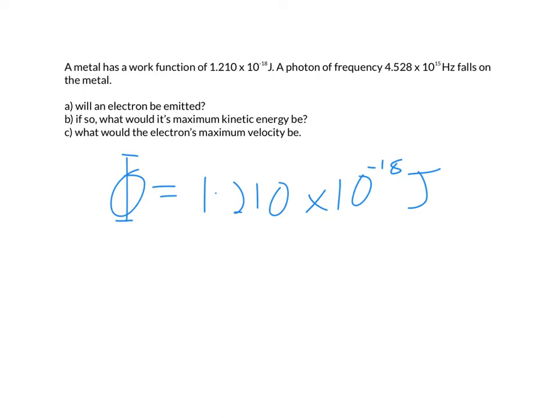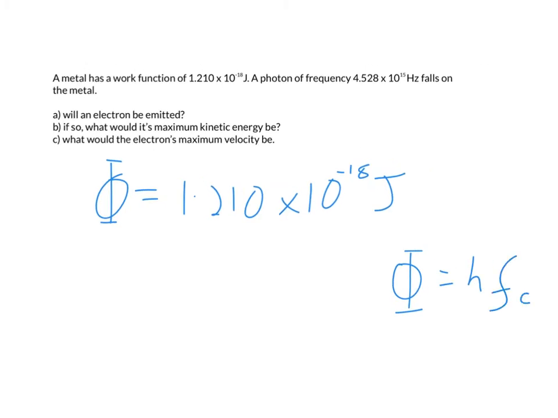So there's two options here for how we can answer this question. One of them is to look at the work function and convert it to a threshold frequency, using our formula, work function is equal to Planck's constant times the threshold frequency. This will give us the corresponding frequency that needs to be overcome in order for an electron to be emitted. And we could then compare this to the frequency of the photon.